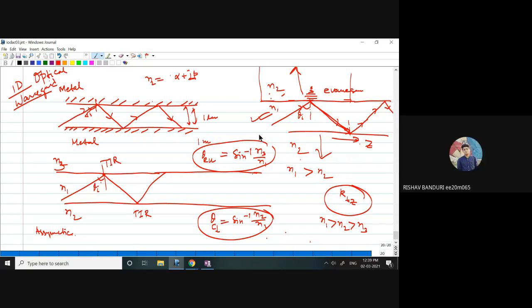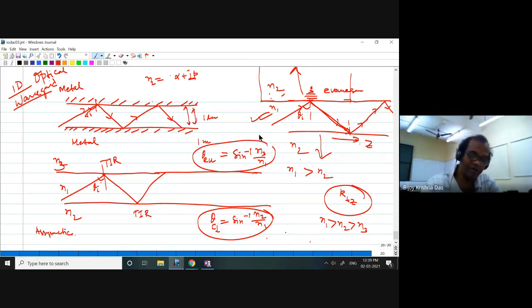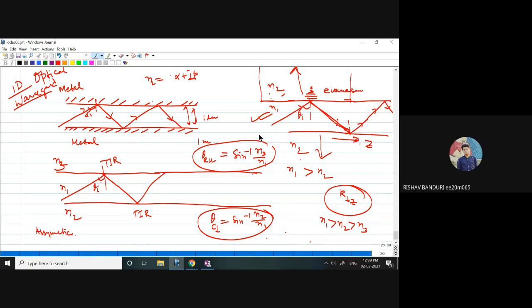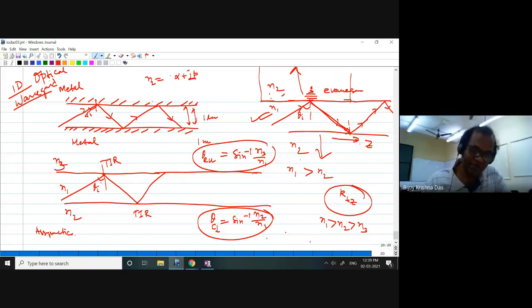The lower one will be higher, because N2 is larger, so this value will be higher. So I can comfortably say that theta CL is greater than theta CU, right?